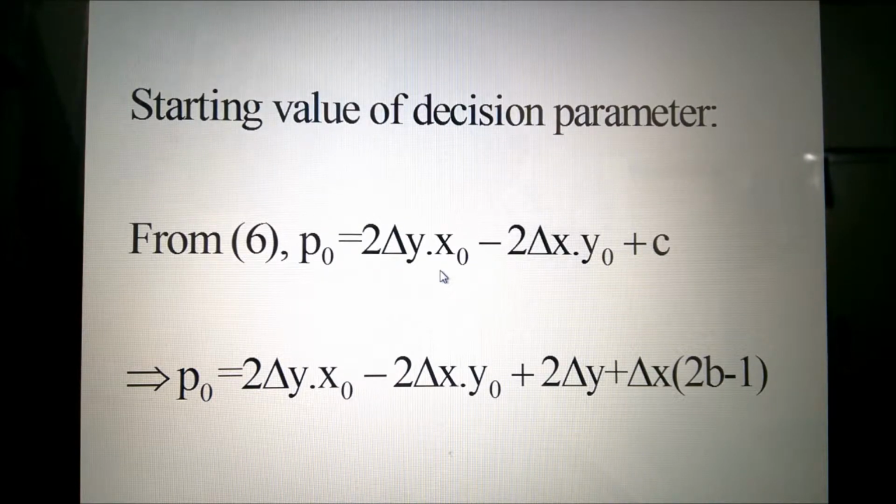Now we are coming to how to find the initial decision parameter. Here we have gone back to equation number 6, and then we are substituting the value of b.